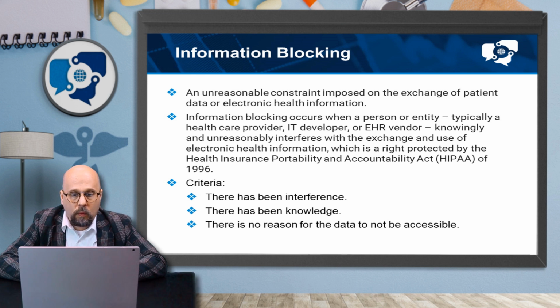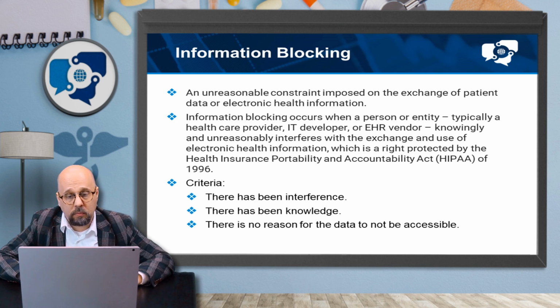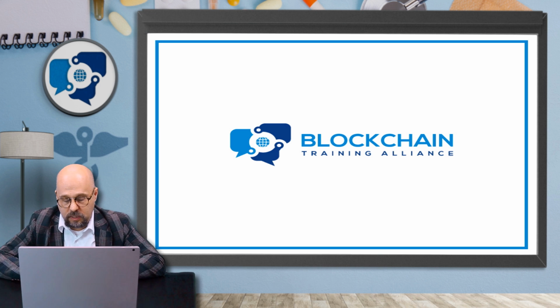When we think about this concept of information blocking, there was actually criteria specified in HIPAA that if a vendor knowingly or unreasonably interferes with the exchange and use of electronic health information, which is a right protected by the HIPAA Act, then they can be prosecuted and charged. The criteria would be that there has been interference, there has been knowledge of that interference, and there's no reason for the data to not be accessible. I think that is something a lot of these EHR companies should be aware of.